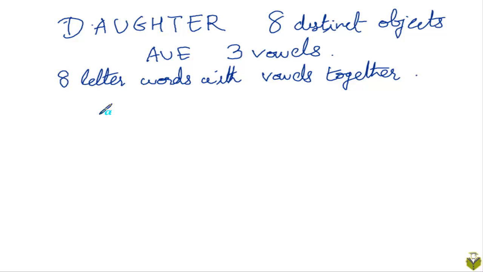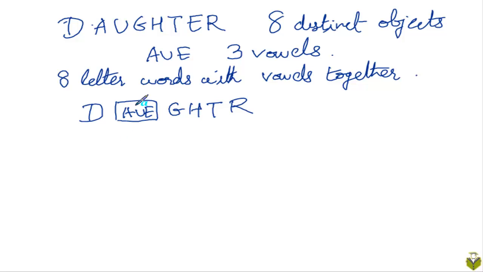For example, I can just have A, U, and E together always, and the other alphabets like this.